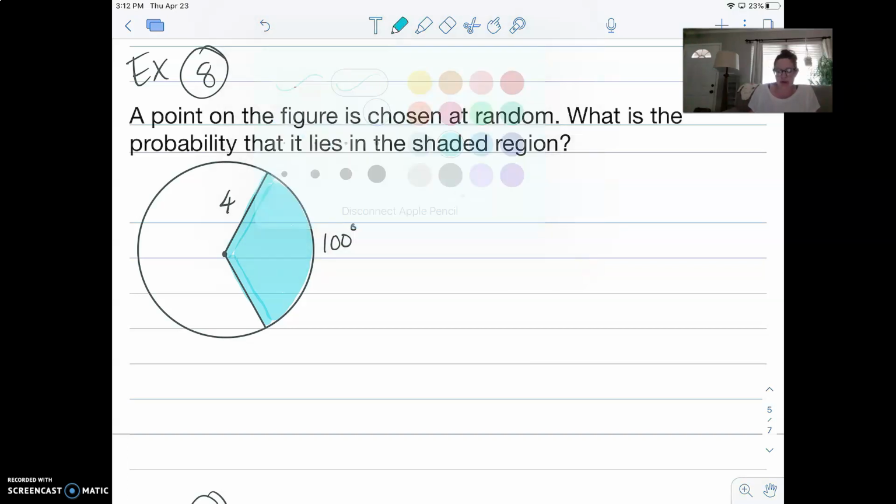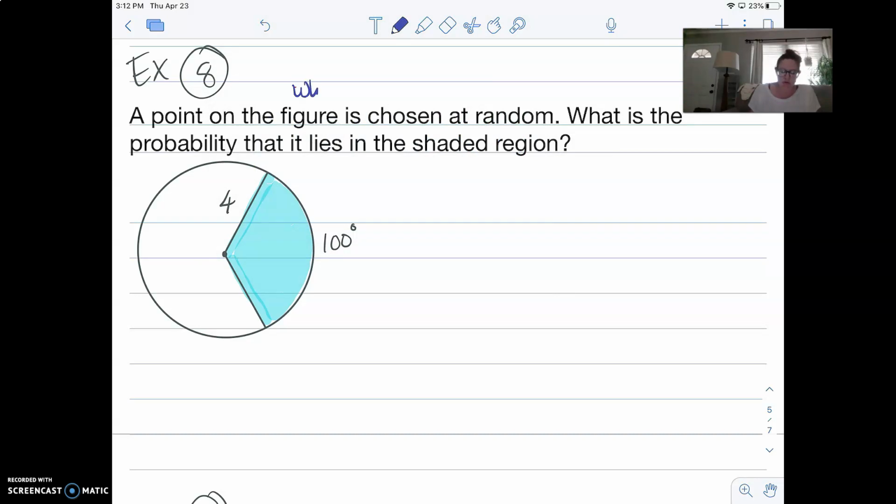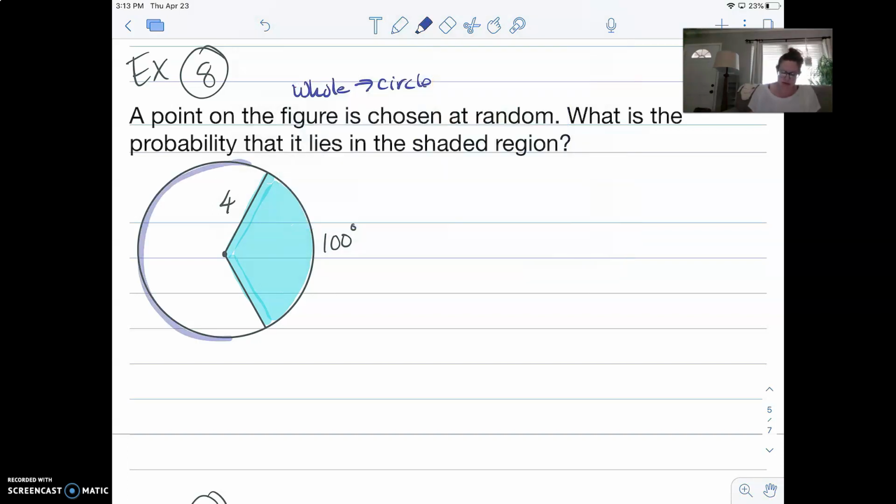This is your whole figure, the circle. Okay, so that's all of this. What is the probability that this point that's chosen at random lies in the shaded region? So we have this shaded region, which is going to be our part.